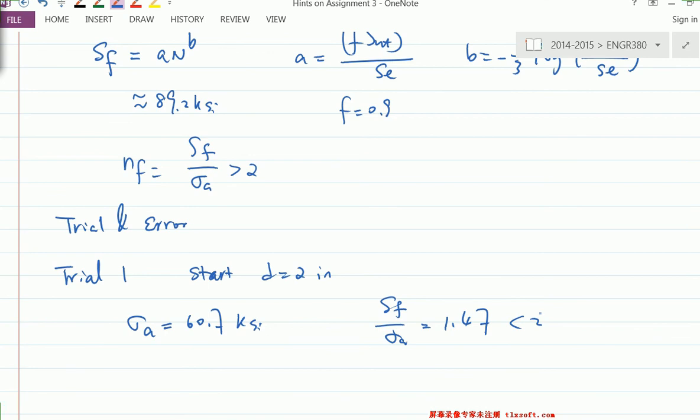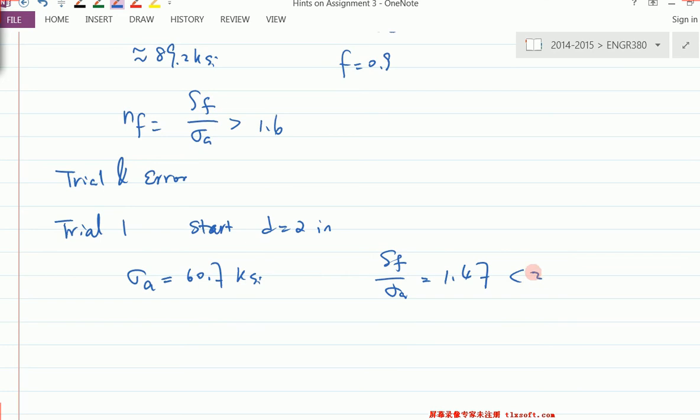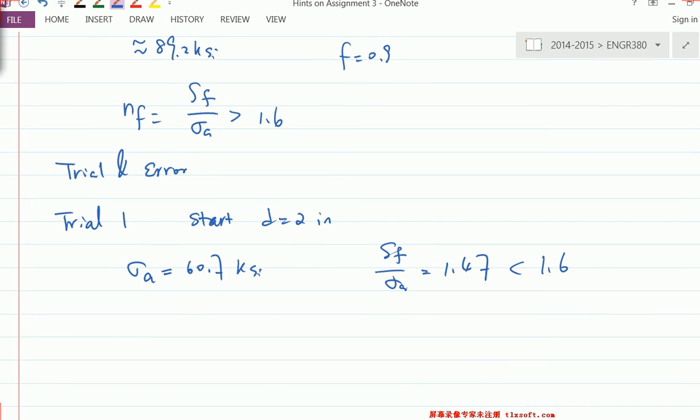Oh, sorry, actually in this question it's not 2. The desired one is 1.6, right? So it's less than 1.6, which means that D equal to 2 inch is not big enough. So we need a bigger size here.